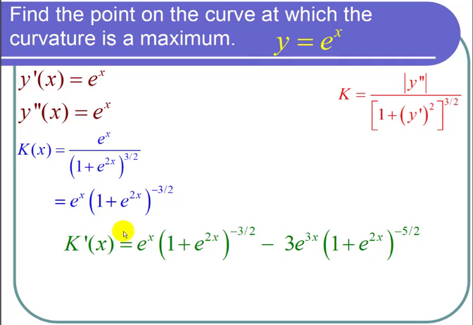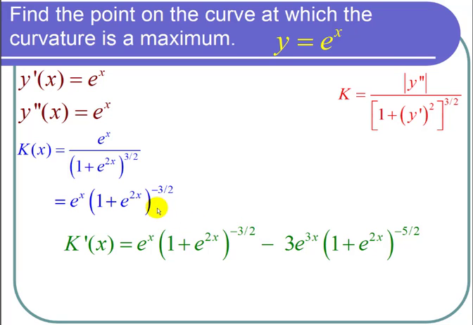The derivative of e to the x is e to the x times the second, 1 plus e to the 2x to the negative 3/2. And then I need the chain rule for the derivative of the second function. The derivative of 1 plus e to the 2x is 2e to the 2x. And note that e to the 2x times e to the x is e to the 3x.